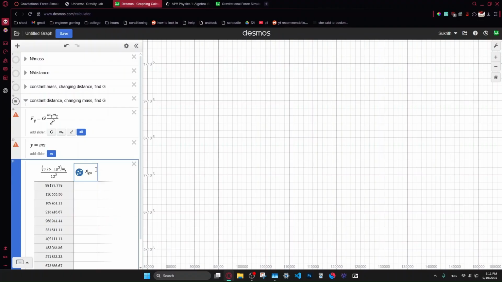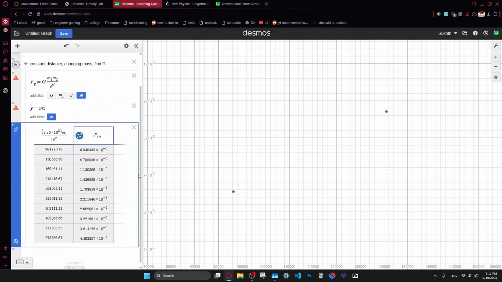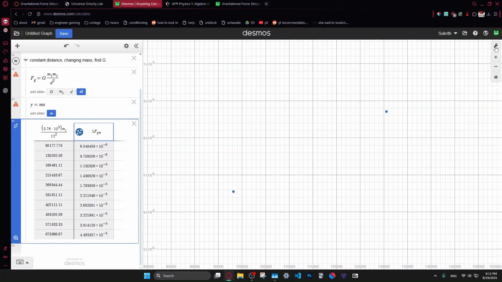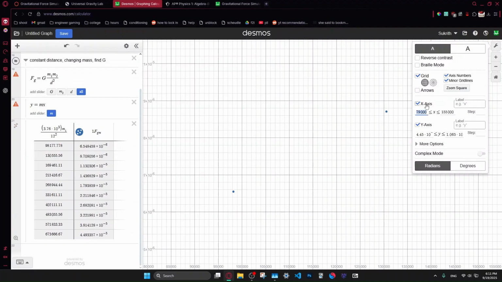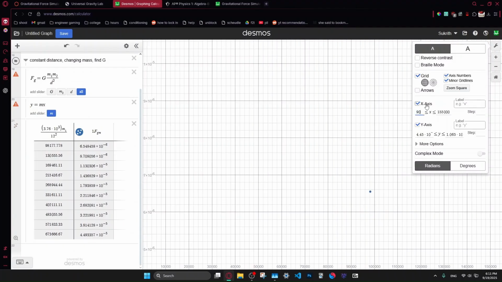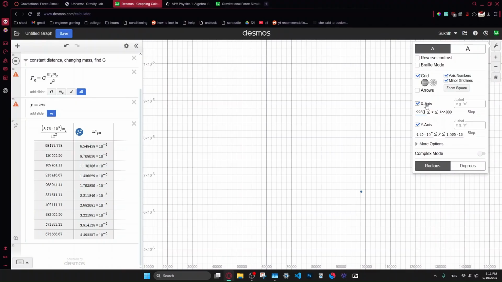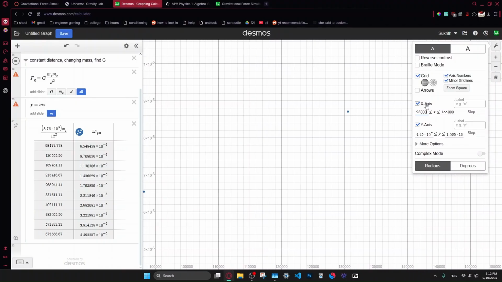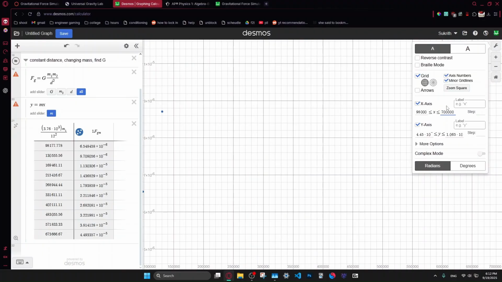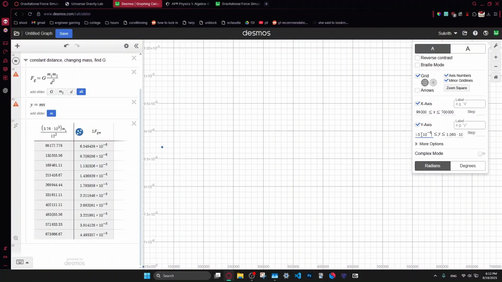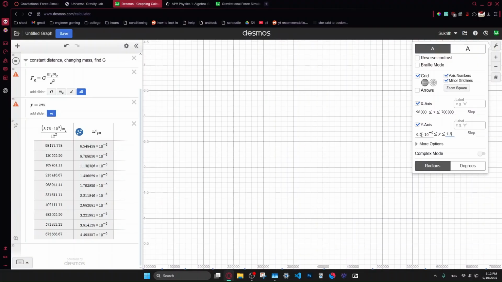And it shouldn't work until we put the 1 in front. And boom, magic. Now, let's check if we do our math right. Or, sorry, we need to see our values. 98,000 to 700,000. Our y-axis goes from 6.5 times 10 to the negative 6 to 4.5 times 10 to the negative 6.